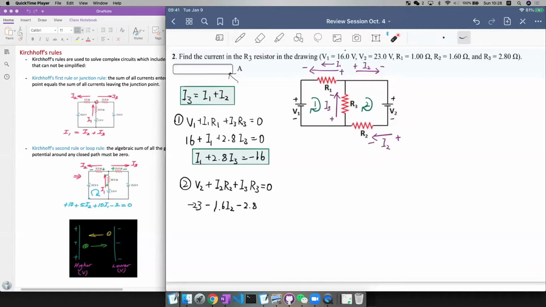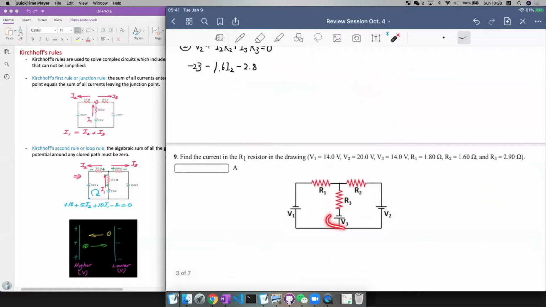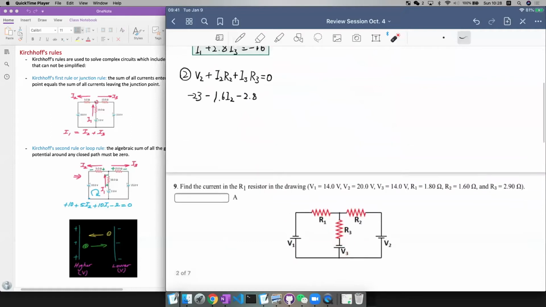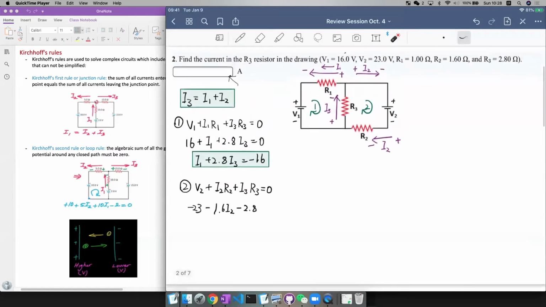I was saying that at this step we don't decide if they're a plus or minus, because we just want to write everything down. I have made a mistake where for this kind of question I always miss out V3. So this helps you not miss out any power source or resistor. Understood. Okay, thank you. So here we have I3 equals 0.